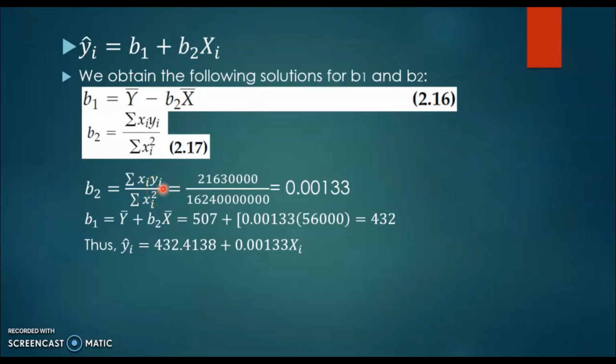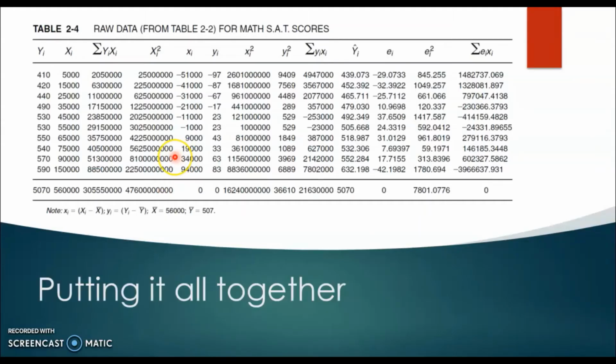So here, from table 2.4, we know that the sum of multiplication between y and x is equal to 2,163,000.